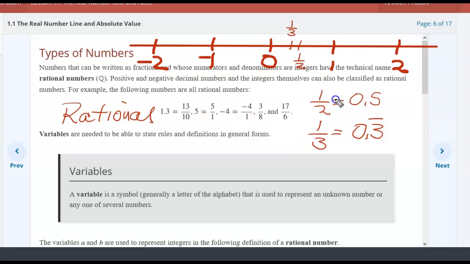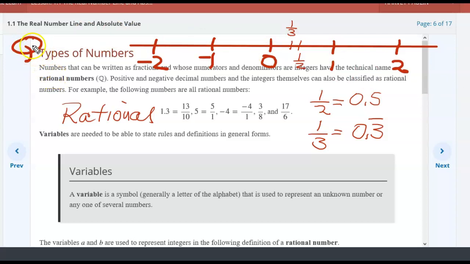Well, they are the natural numbers, the whole numbers, the integers, and then fractions in their decimal form that terminate or in their decimal form repeat. These are all rational numbers. And the symbol for rational numbers is the letter Q.